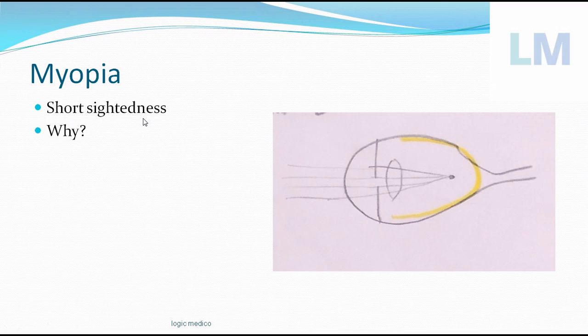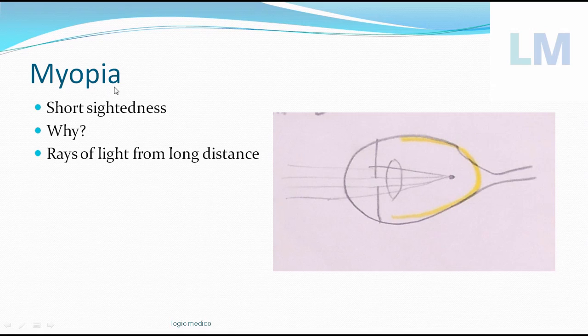It is also called short-sightedness. But why? See, rays of light coming from a closer distance will fall on the retina. So the person will be able to see short sight, that is closer vision, very clearly. But the same rays of light coming from a longer distance will now fall in front of the retina. So they will not be able to see objects at a longer distance clearly.